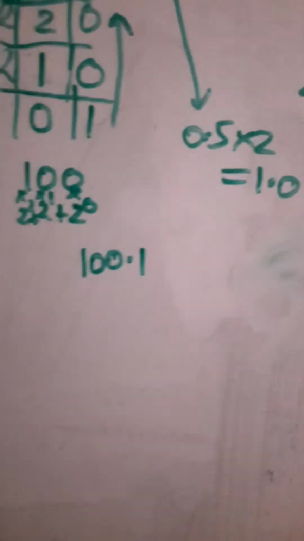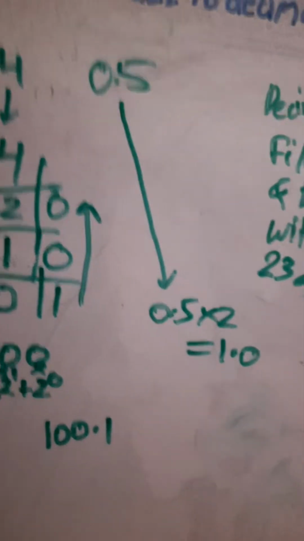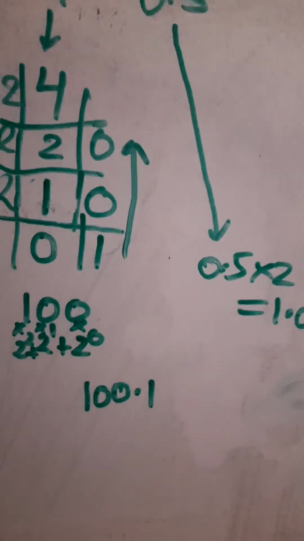So I have 100.1. I separated these fraction and integer parts, so I would even write them separately. So this is 100.1, decimal converted to binary, fraction and integer.